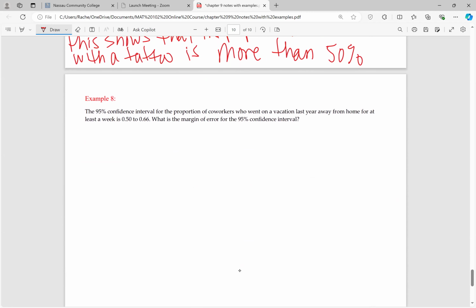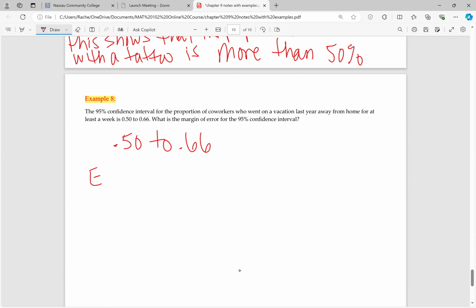And then we'll do one more example. So example 8 says the 95% confidence interval for the proportion of coworkers who went on a vacation last year away from home for at least a week is 0.50 to 0.66. What is the margin of error for this 95% confidence interval? So I already gave you the confidence interval. The confidence interval goes from 0.50 to 0.66.